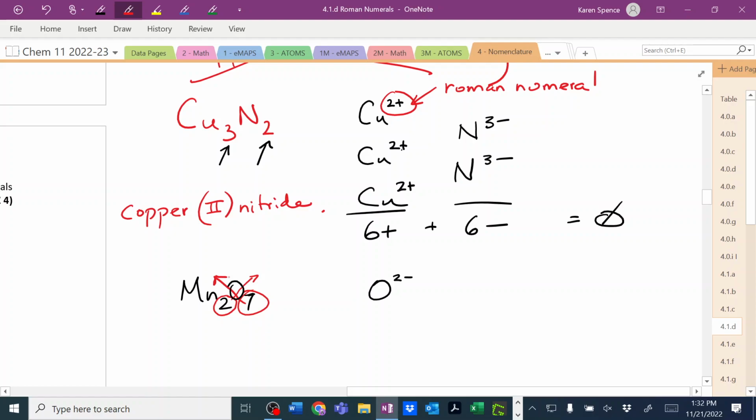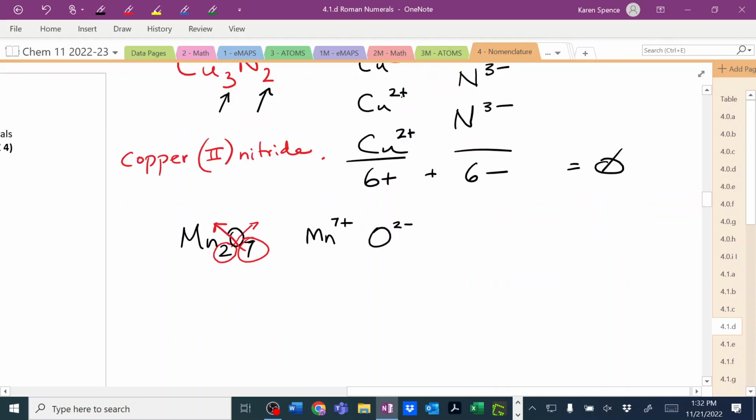And so now we have the Mn, and the number we're going to put up top as the charge is a 7 plus. And so this would then be our Roman numeral.